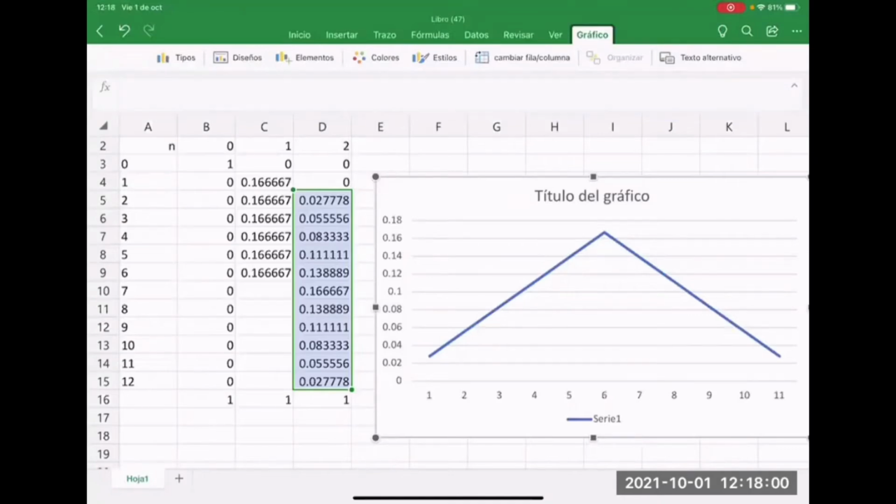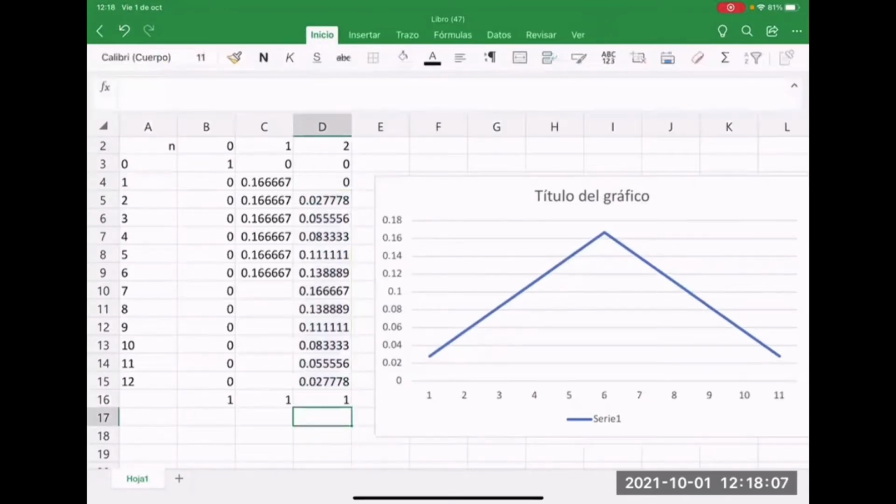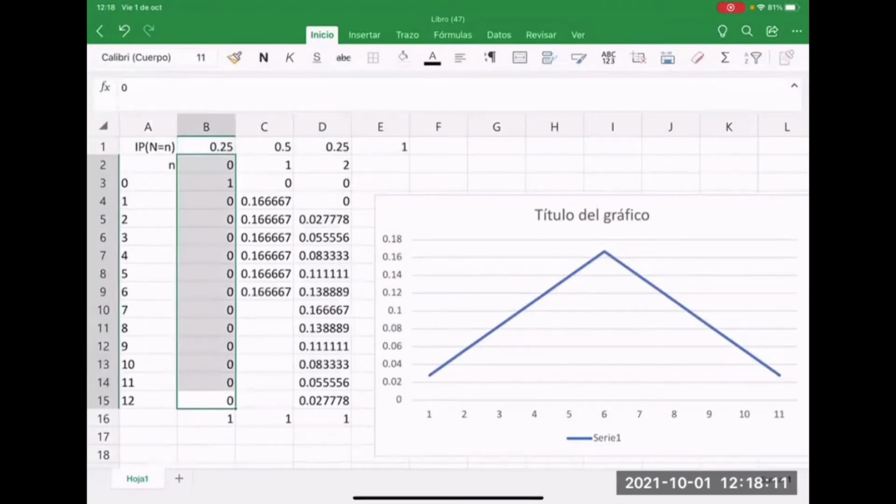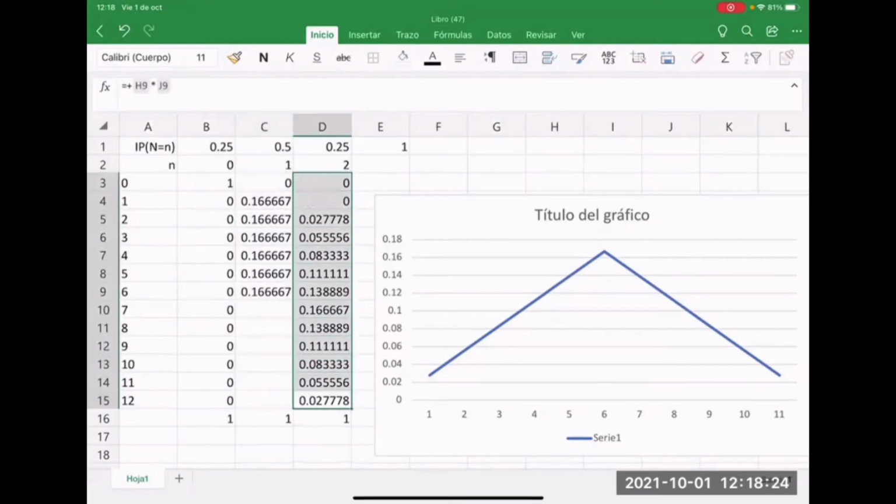We need something else because right now all we have done is, well, first we just put the distribution of rolling 0 dice. Then we put the distribution of rolling 1 die. Okay, nice going. And in here we put the distribution of rolling 2 dice.